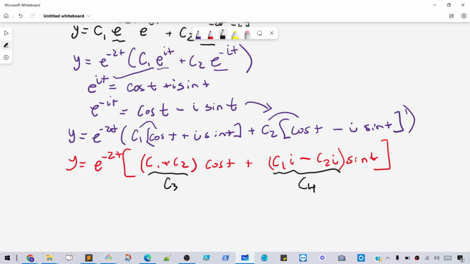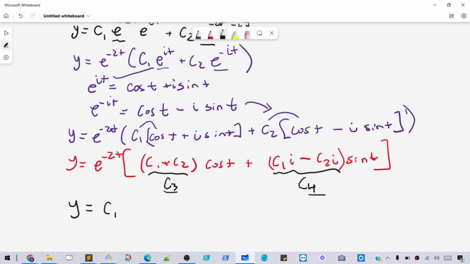But then, so finally, if we're going to write our final answer, I can use C3 and C4, but it really doesn't matter what we call it because it's just an arbitrary constant. So I'm just going to go back to calling it C1. You could call it A and B or whatever, but I just want to stick with the convention of calling it C1 and C2.